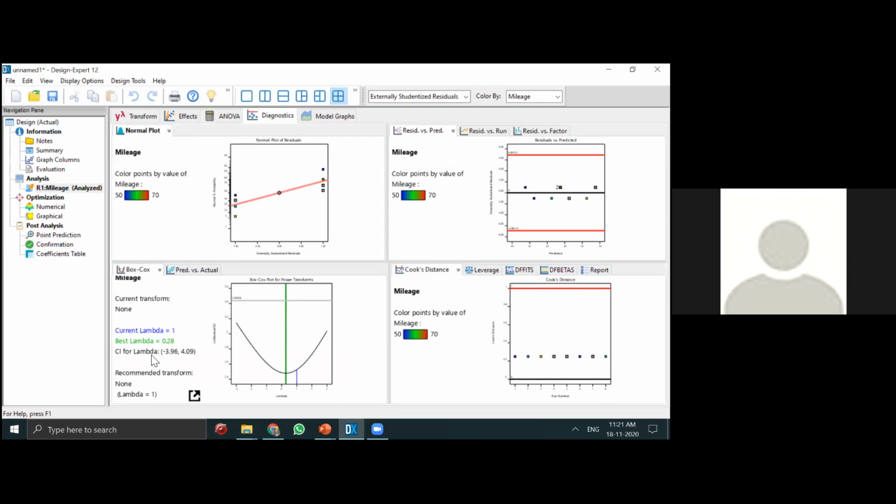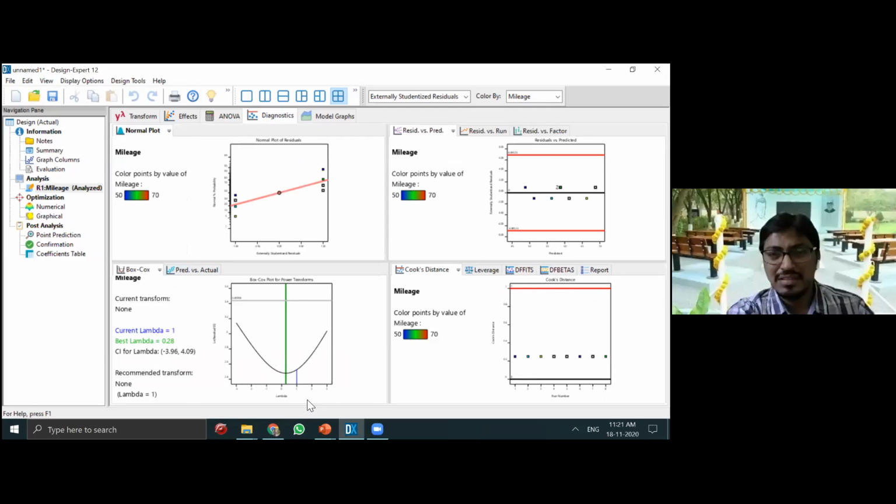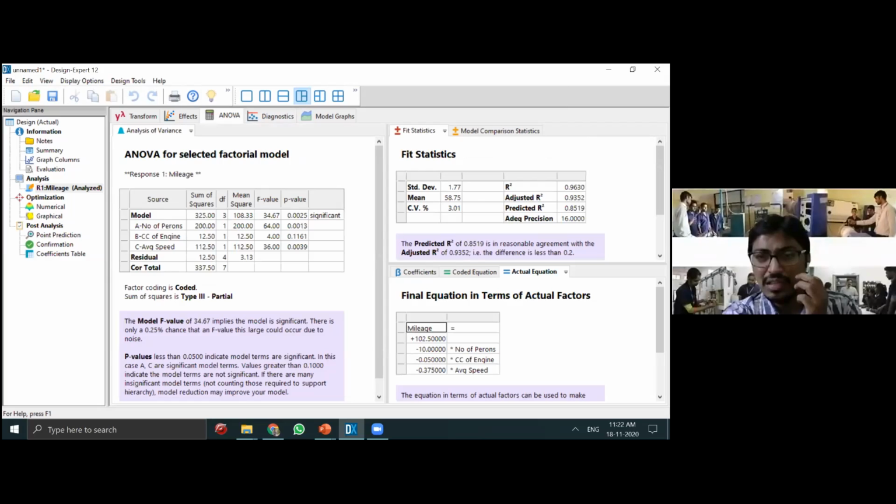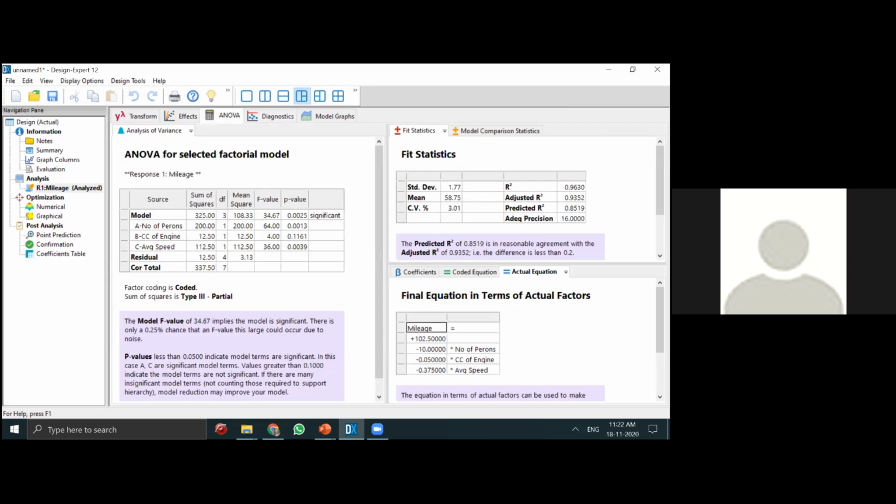One doubt, sir. In the regression equation, are the coefficients the Pearson coefficients? I am not able to understand the coded equation, actual equation, and the coefficients here.